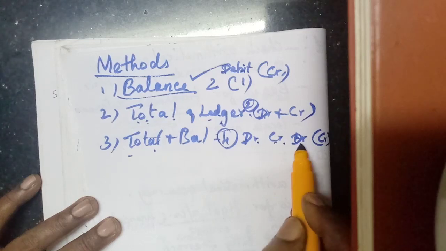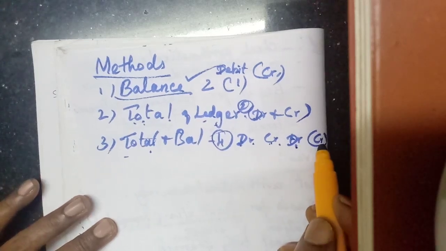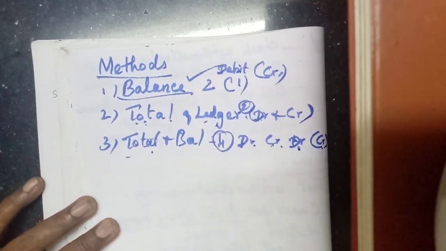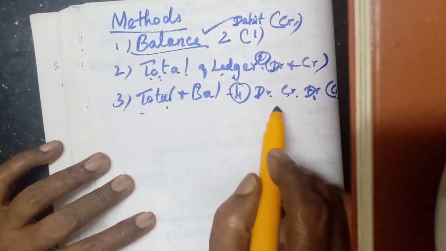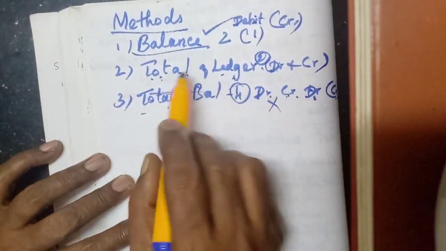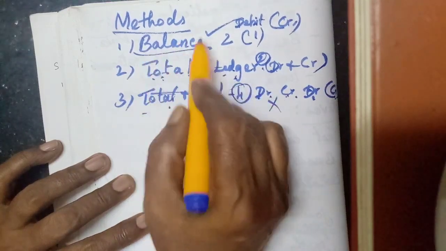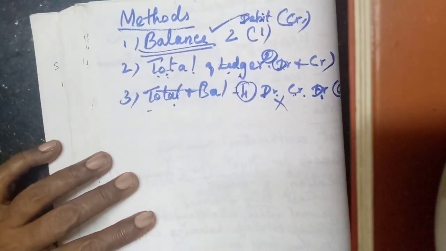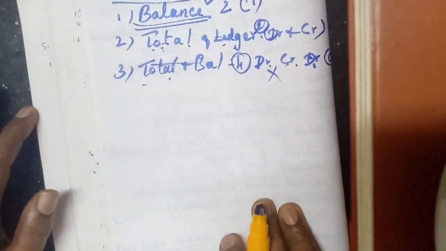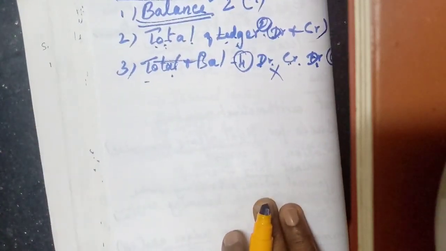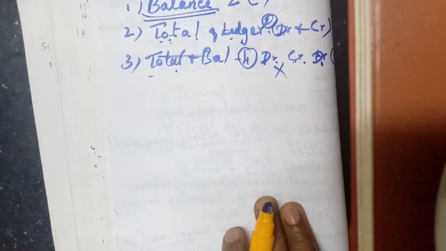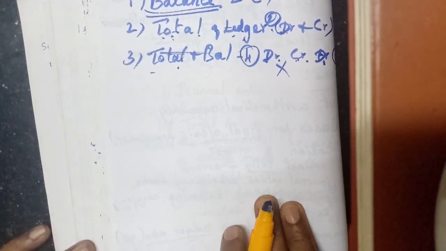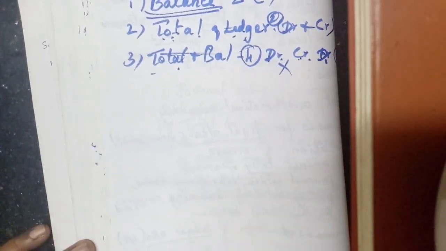If it is a debit balance we enter it on the debit side, and if it is a credit side balance we write it as credit. But this is not in practice. We are going to follow only the balance method. You have to read, then I will explain what items will be on the debit side and what items should be entered on the credit side. Then we can do the problem. Okay students, thank you very much.